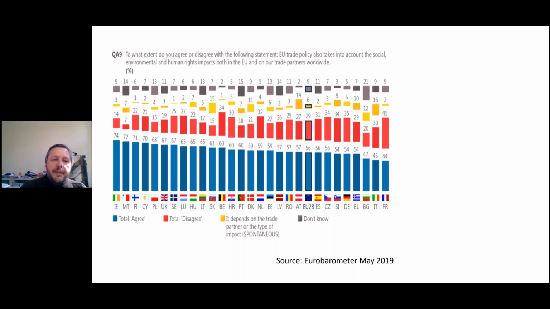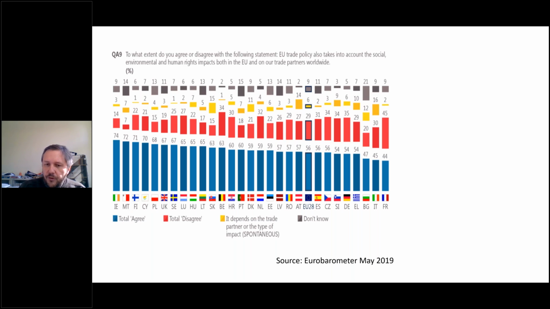Then, when we look at the variation between countries, we actually saw that France came out in the two responses as a possible country where citizens thought the EU was promoting values through trade, but also where citizens do not think so. And actually in France there's the least belief in how the EU is promoting its values through trade.